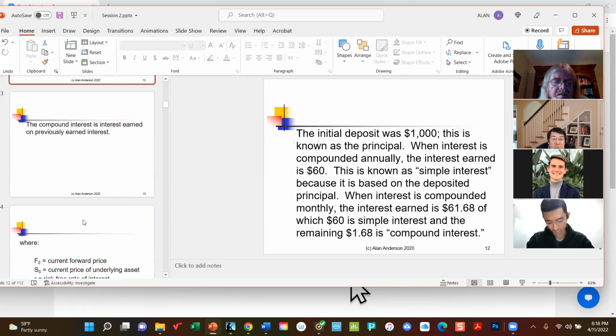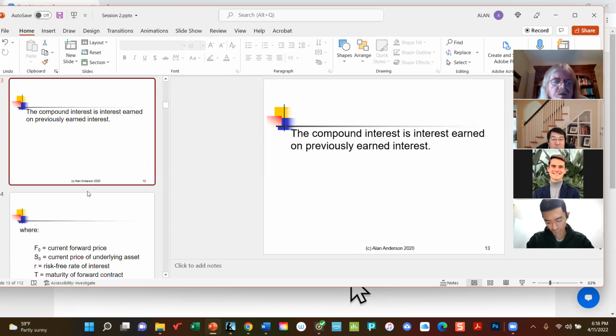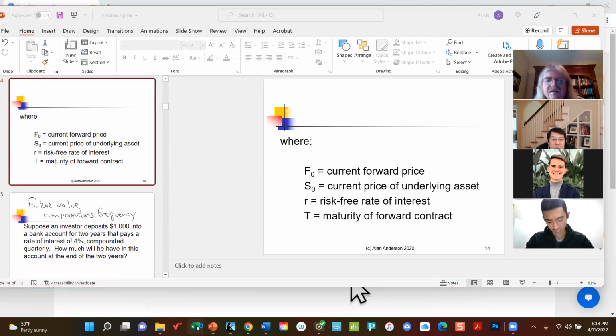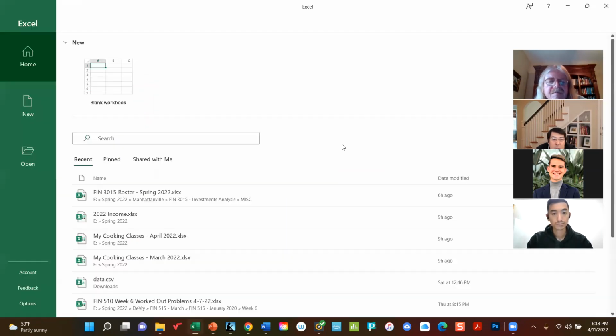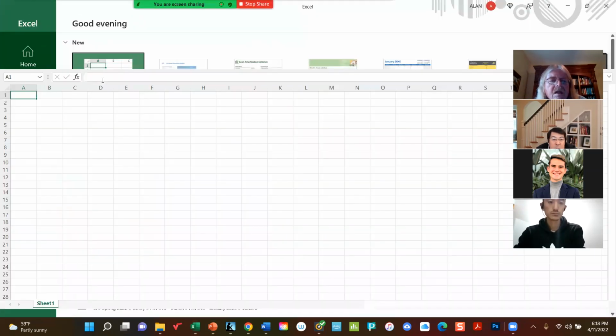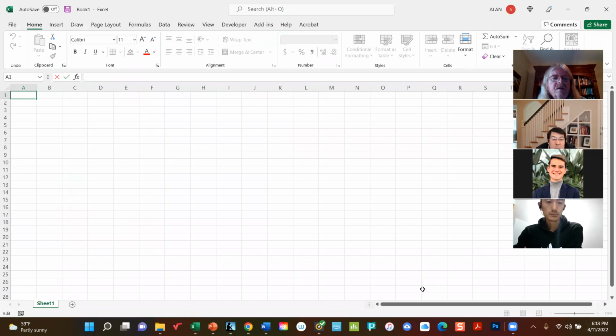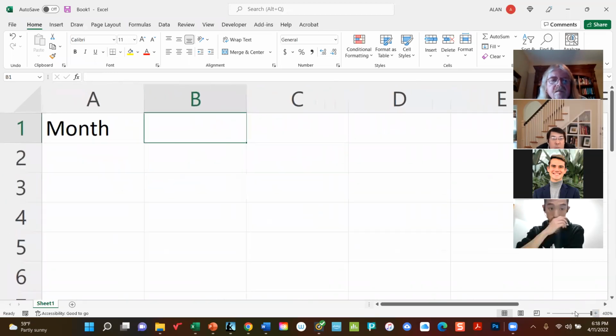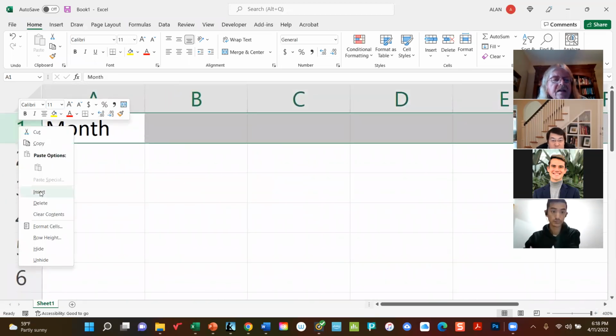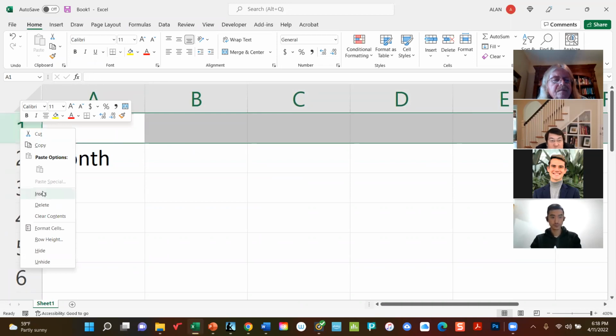Now let me just quickly show you how this works. Maybe I'll use Excel for this because it's a little bit messy. Let's say that I've got 12 months. And I'll just add a couple of details at the top.